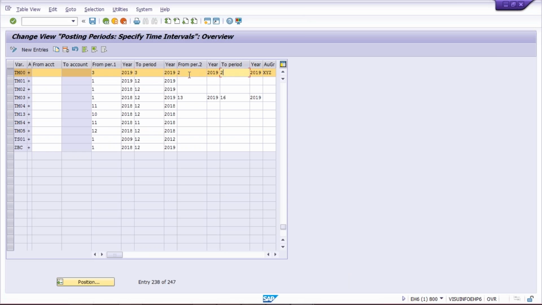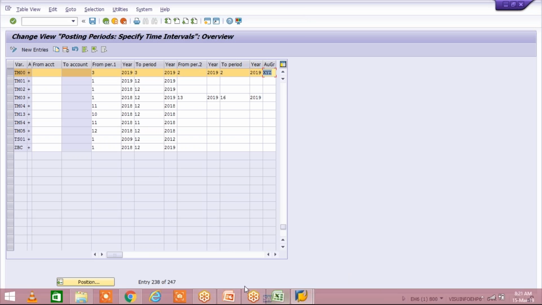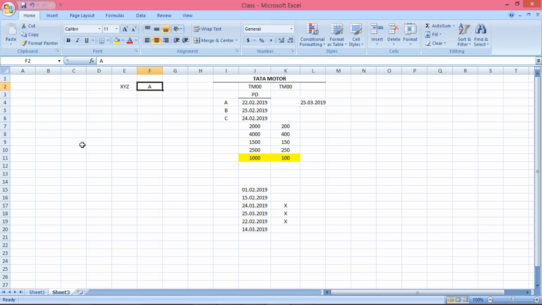But the second period is also open, but this second period is open for authorization group XYZ. If the system checks against XYZ, only one user ID is linked, and B and C the system is unable to find. So B and C are not allowed to post any transaction in the previous month, in the previous period.